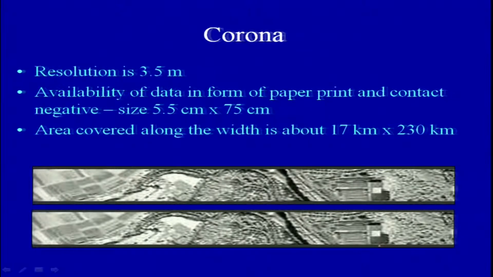So, a very large area is covered, and if you get it in film, then you can enlarge it, and nowadays they provide this information in digital form. Okay. So, you can put all this data on your computer. Need to rectify, because there will be slight distortion in the center as well as on either side, but if you just want to identify the terrain or understand the terrain, you can use it directly.